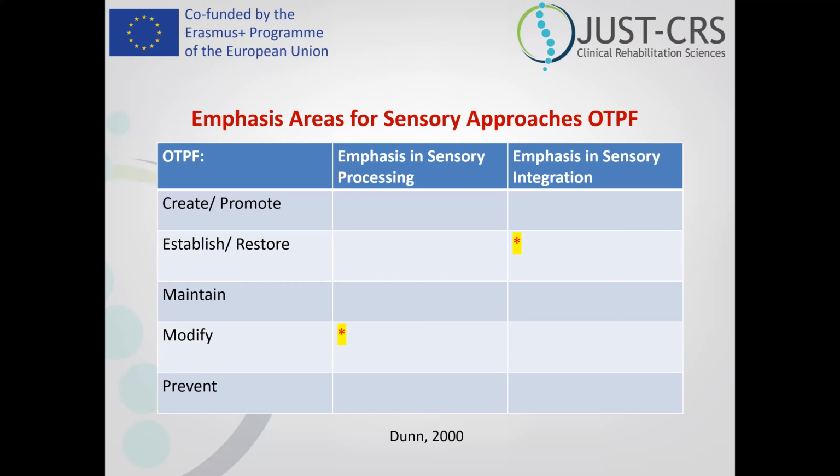It's not widely used. It's only used for research purposes. So hyporesponsivity is the same as low registration. It's not the sensory seeking pattern. Hyperresponsivity is similar to sensory sensitivity.